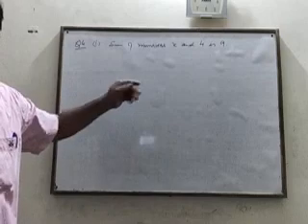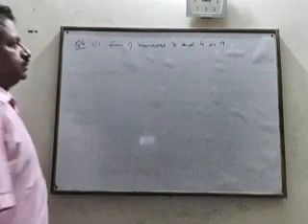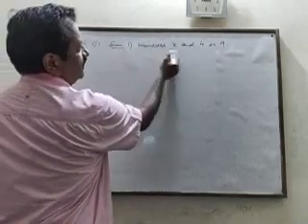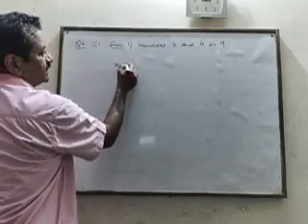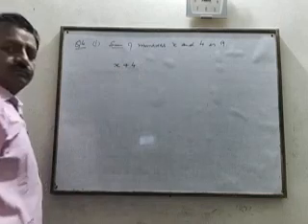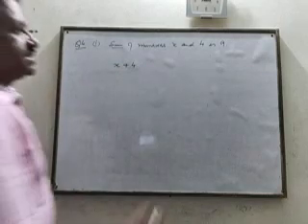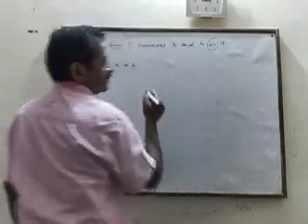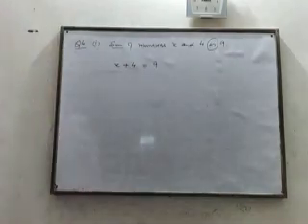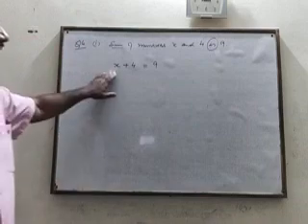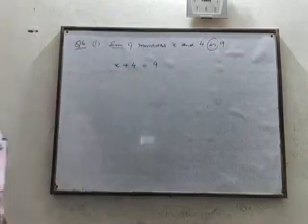We need to write it in mathematical language. Sum of the number x and 4, so in mathematics you will write x plus 4. Is means is equal to, 9 means 9. So x plus 4 is equal to 9. This is our answer.